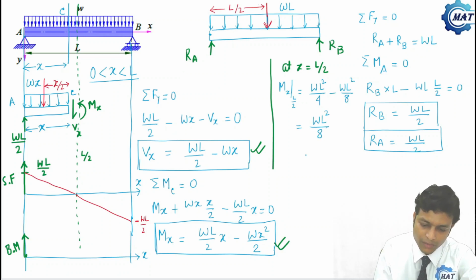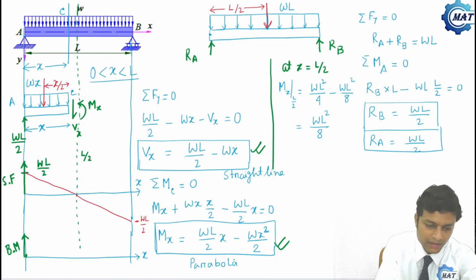So this becomes wL square by 8, and here you can see the order of x is square, and this is the equation of a parabola, whereas this is the equation of a straight line. The Vx was a straight line. This red line denotes the shear force diagram, that was a straight line, but Mx here is a parabola. And how will it vary?